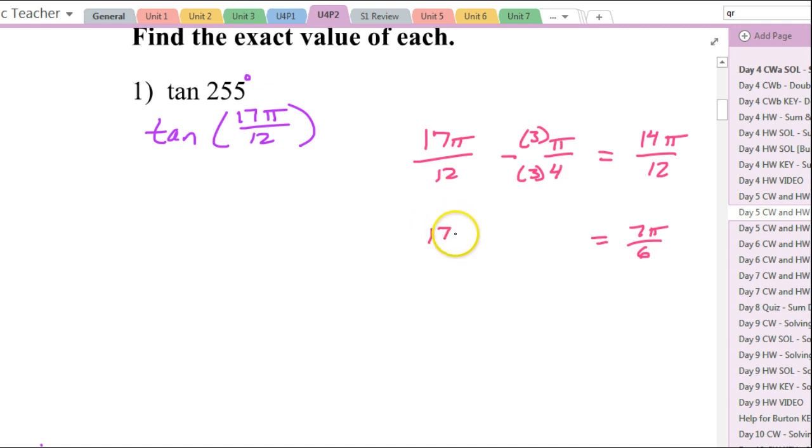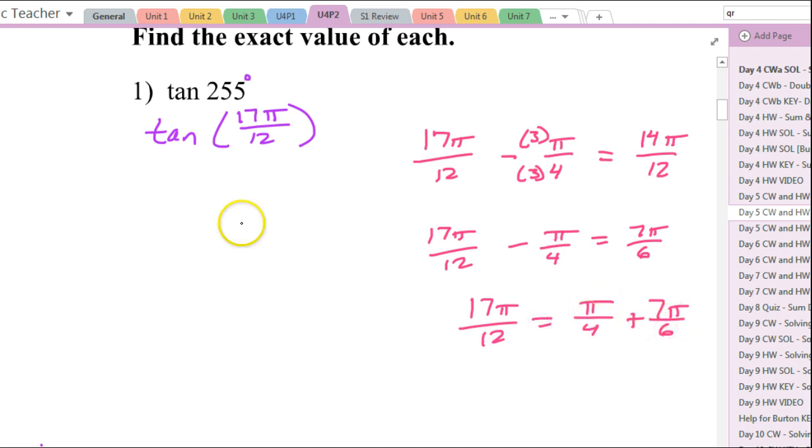So now I have 17 pi over 12 minus pi over 4 is equal to 7 pi over 6. That means 17 pi over 12 is equal to pi over 4 plus 7 pi over 6. So I'm going to make that substitution now. So now I will think of the problem as the tangent of pi over 4 plus 7 pi over 6.